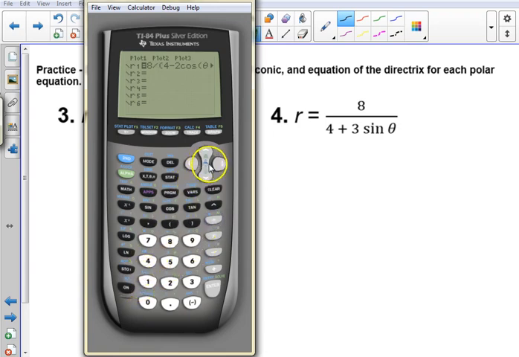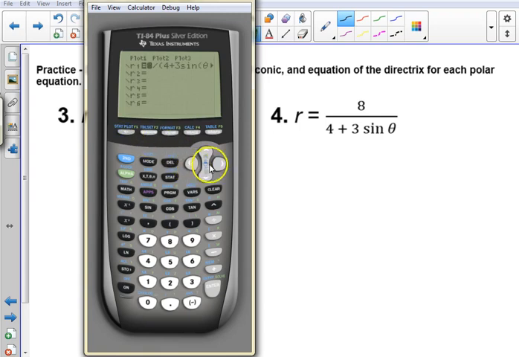8, 4 plus, it's not a parabola, is it? 3 sine theta. Oh, it's a big egg. Okay. If it's a parabola, the eccentricity has to be 1.